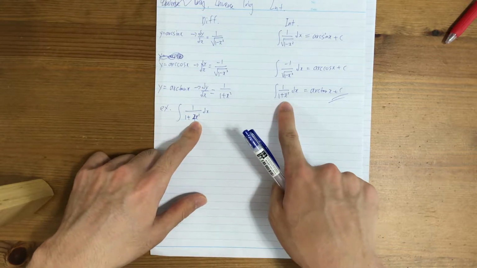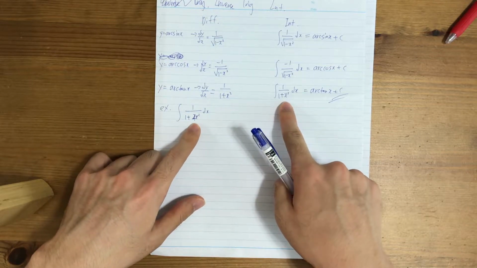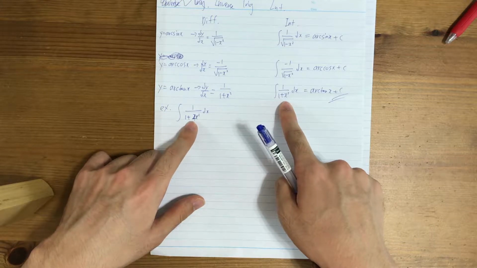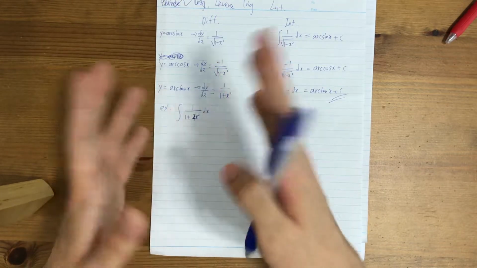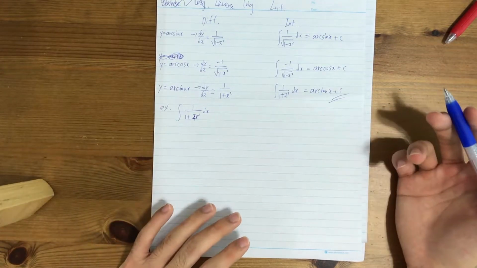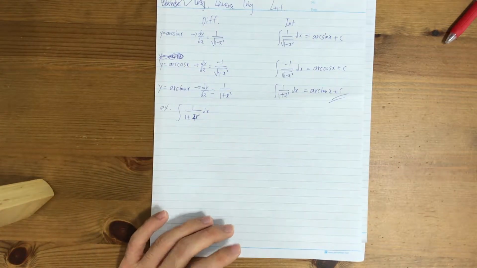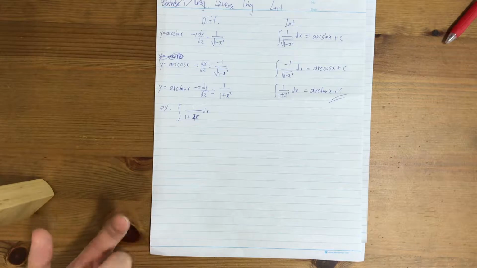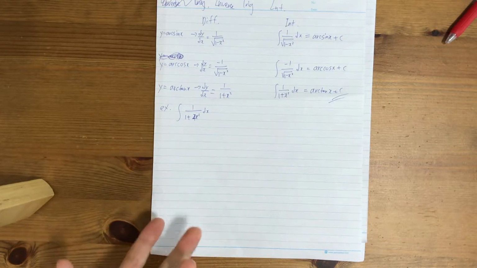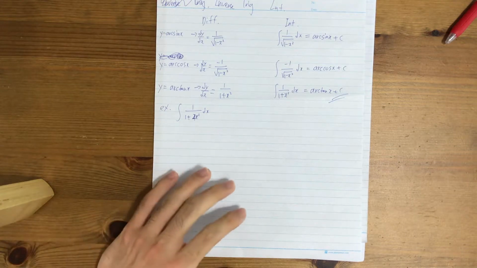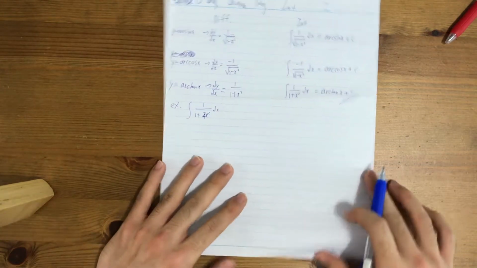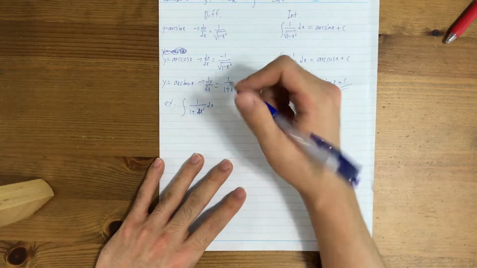But you know how to integrate 1 plus x squared, so why don't you just change 4x squared into 2x squared and substitute that? Even if you substitute 2x, you still have a constant, so it's absolutely fine to substitute. Okay, I'll just show you in case.